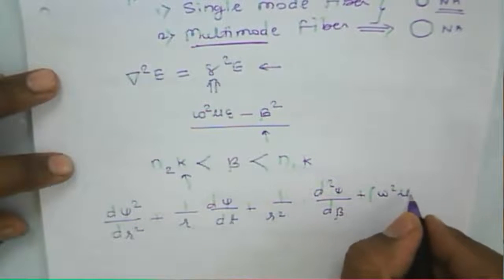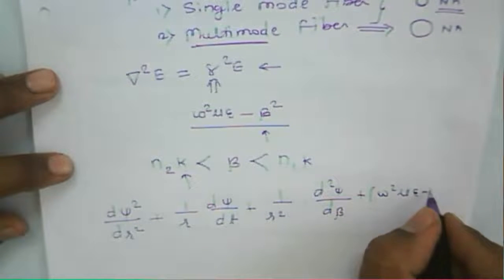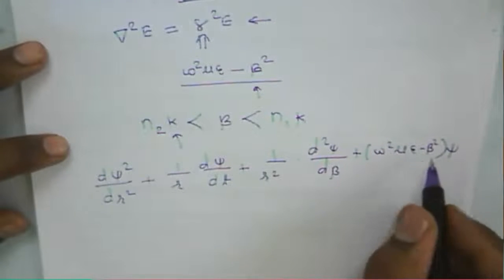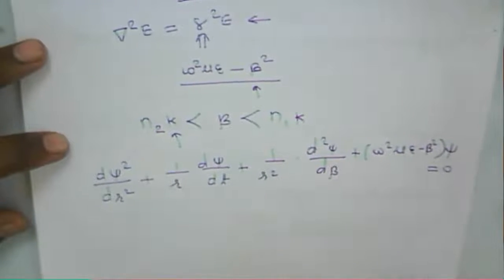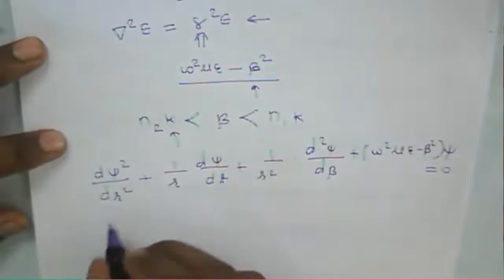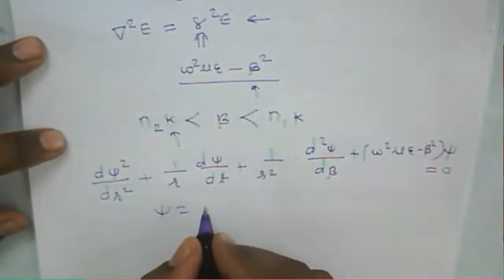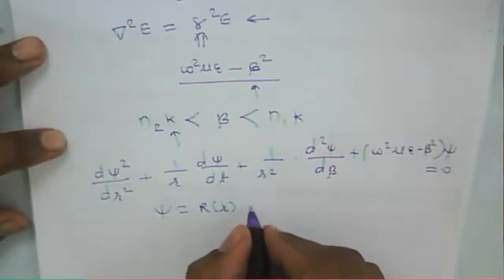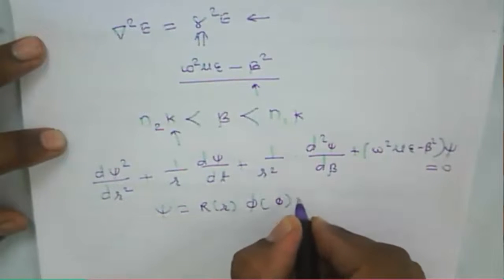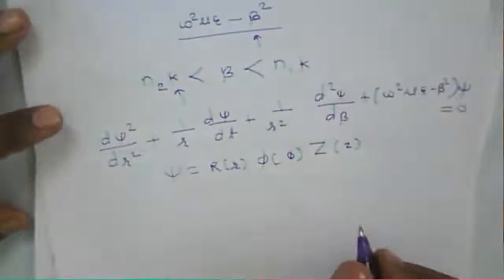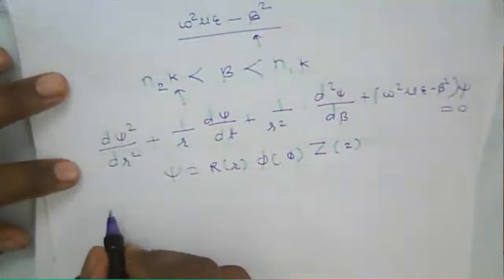We can say that whatever modes of propagation occur through this particular fiber, and the psi we consider is a constant of the wave, and the wave is propagating with respect to whatever radius we have, what will be the phase we have, and what will be the propagation of this particular fiber.